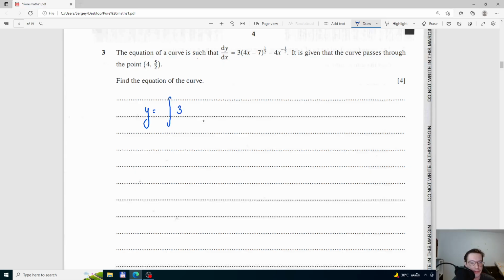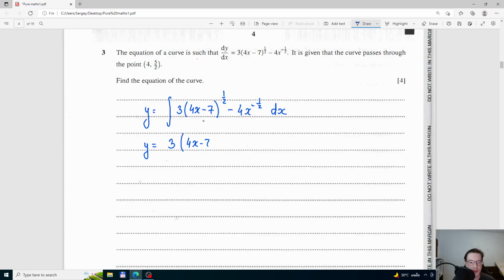3 times (4x minus 7) to the power of 1 over 2 minus 4x to the power of minus a half dx. Now I will take 3 out of the integral.